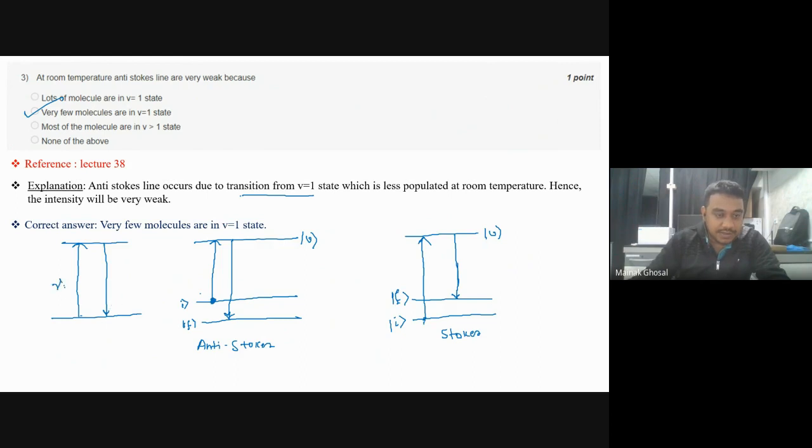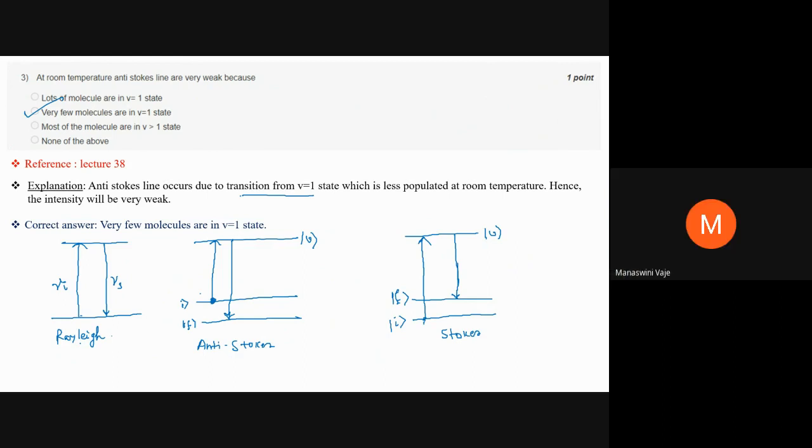This is the incident light. This is the emitted light. This is called Rayleigh. So three different kinds of transitions are there. Fine.